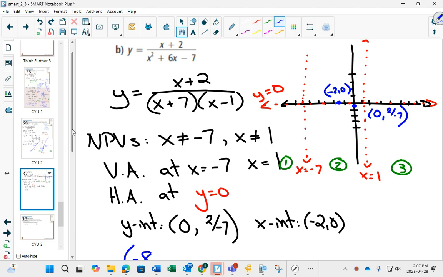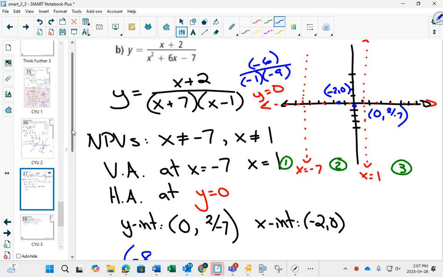And you could either plug it into the original or into your factored form. I like the factored form because then it's smaller mental math to do. Can you see the mental math that I plugged in -8 for x? What does that come out to? Positive or negative number? Bottom's positive, top is negative.